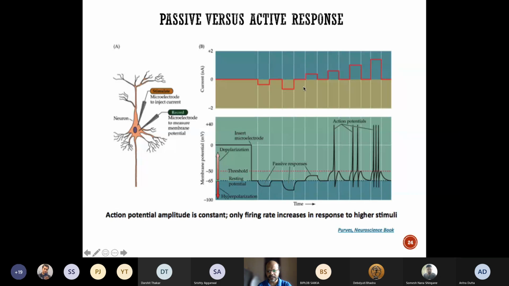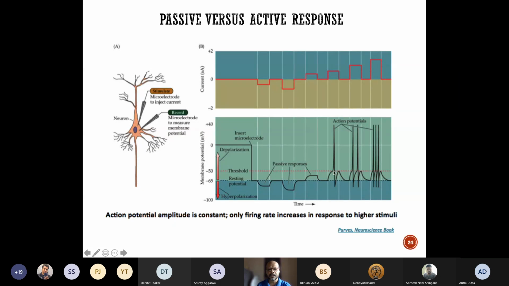But now let's start injecting positive current. So we are depolarizing the cell. For a while, it's going to just remain in that RC-like fashion, charging and discharging. But something absolutely magical occurs once the depolarization reaches some threshold value. So you're stimulating and recording from the cell.